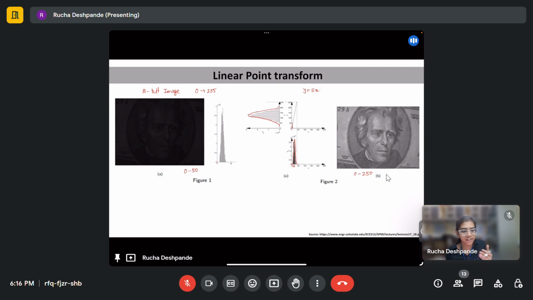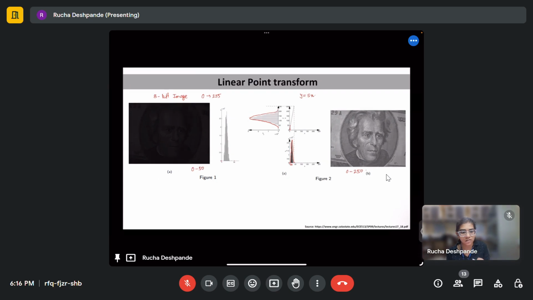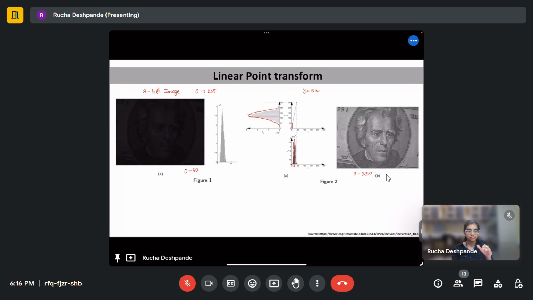I mean it has become better. So this is the application of linear point transform. We apply different such functions depending on the application that we are looking for or the aspect of the image that we wish to enhance. Depending on that, we will be using different types of transformation functions. Is this slide clear to everyone? Yes. Okay.